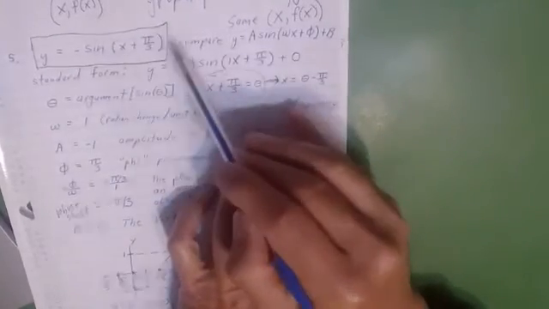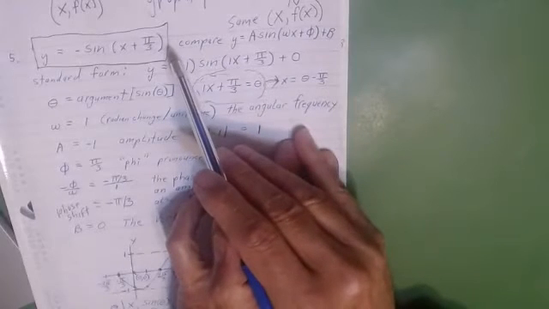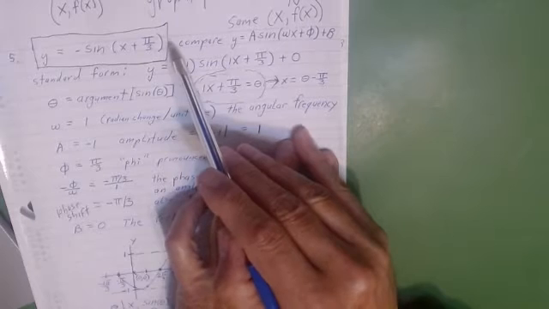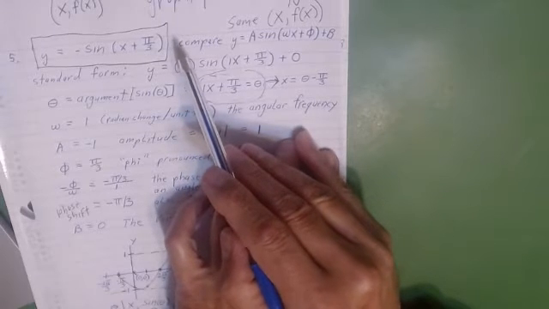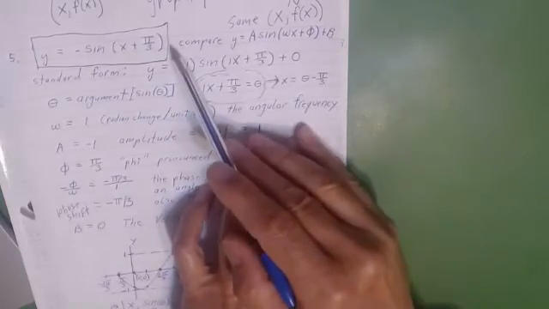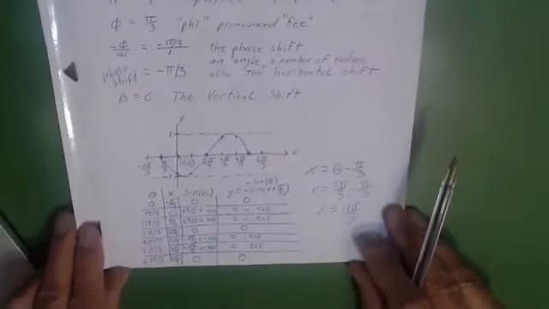And then from our standard form, this b coefficient here, we don't have anything outside of this sine function, but that's the same thing as plus 0. We are adding something, but the something we're adding is 0. So b is 0, and that tells us we do not have any vertical shift in the function.